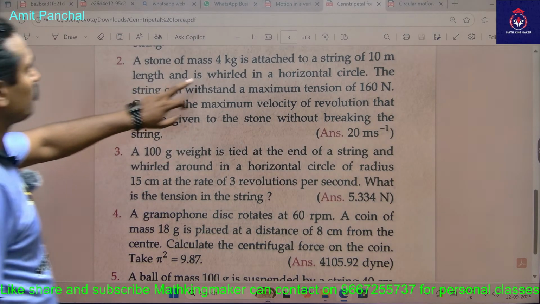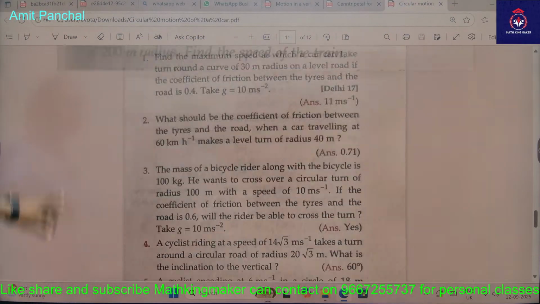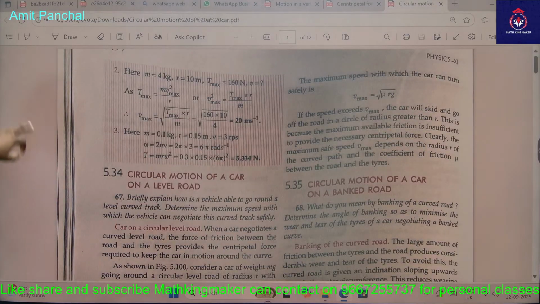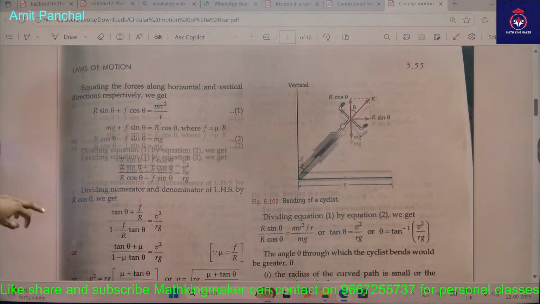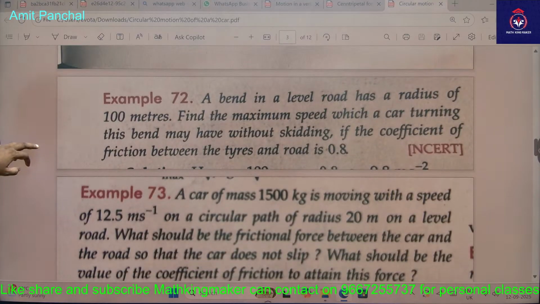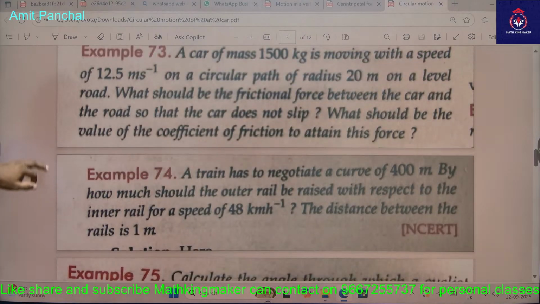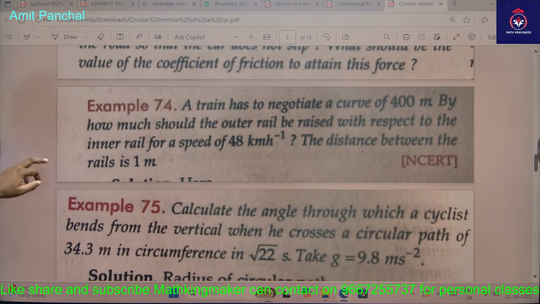Now we'll do some questions from circular motion. I think that 72 and 73 were done. Okay, let's try to do 74.